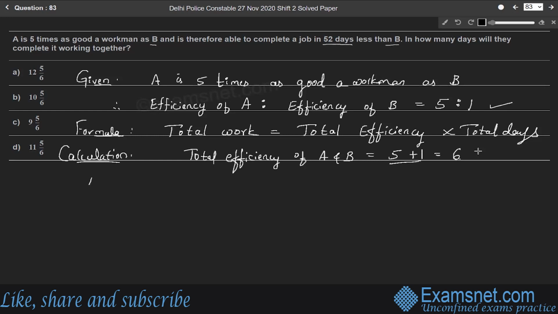So, time taken by A is to time taken by B to complete the same work.